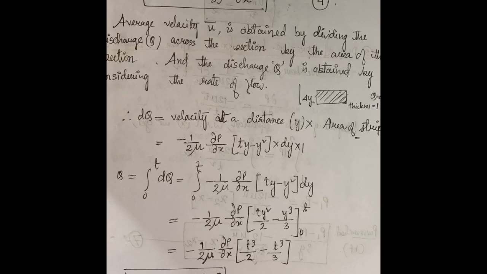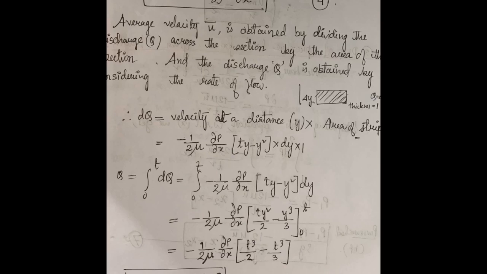So u max equals minus 1 by 8 mu del p by del x t square. Mark this equation as equation number 4.